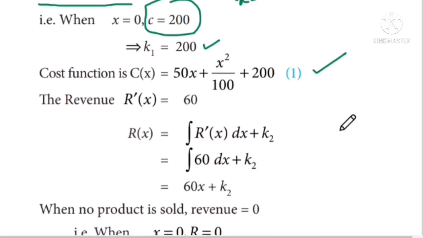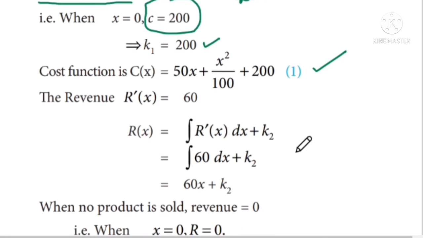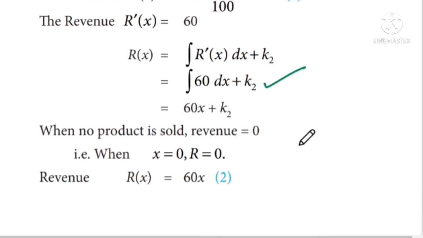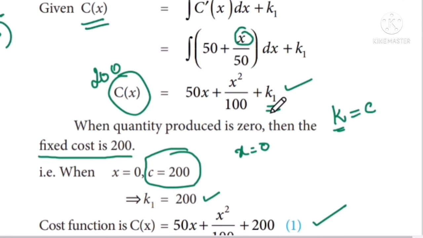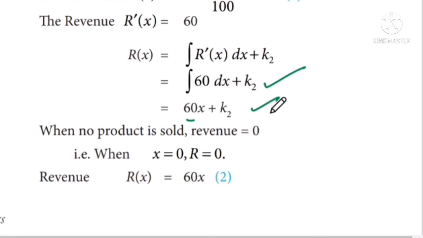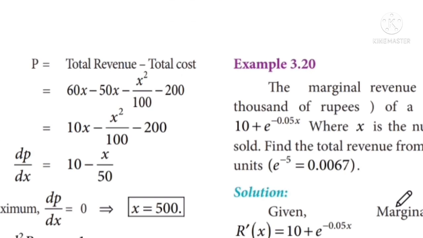Now similarly, integrate that 60. The integration of 60 is 60 into x, it is a constant. So the integration is 60x plus k2. You put k2 because we already used the constant k1 here. Now again put x is 0, the revenue will become 0, so the constant is 0. So the total revenue function is 60x.